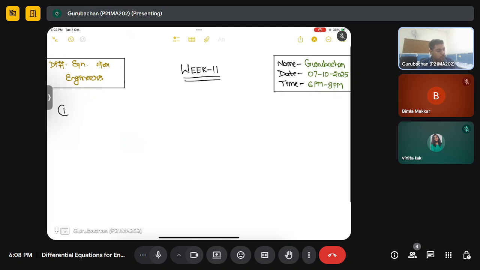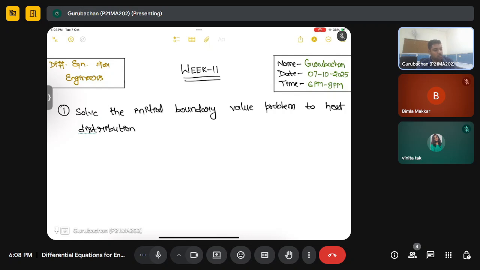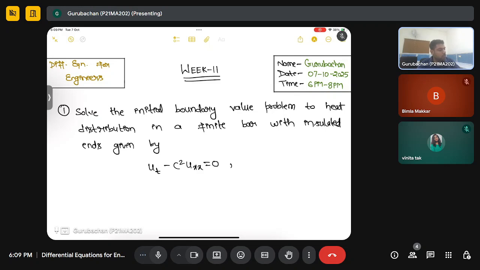Solve the initial boundary value problem of heat distribution in a finite path with insulated ends, given by ut minus c square uxx equal to 0, where x lies between 0 to L, t is any positive number.